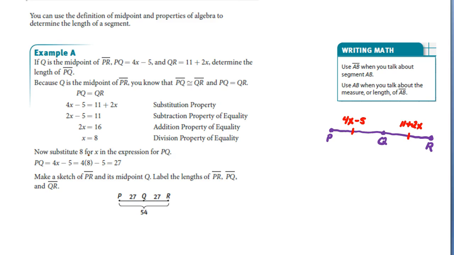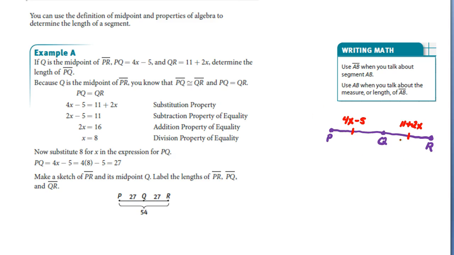Here's an example. If Q is the midpoint of segment PR, and PQ equals 4x minus 5, and QR equals 11 plus 2x, determine the length of segment PQ. I've drawn that over here on the right.